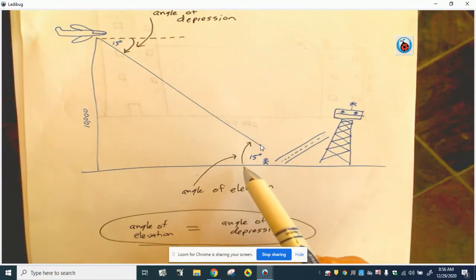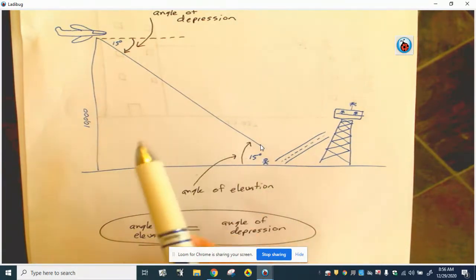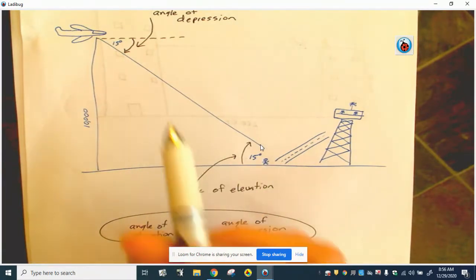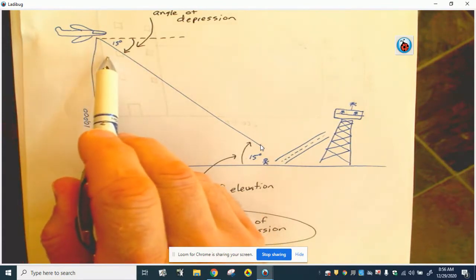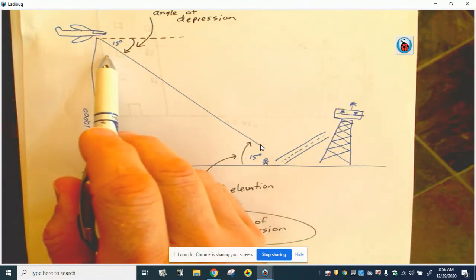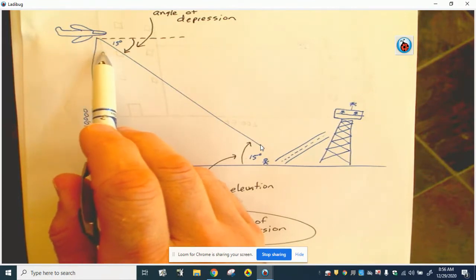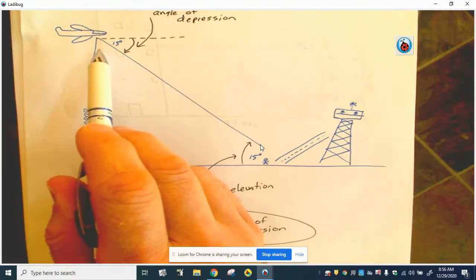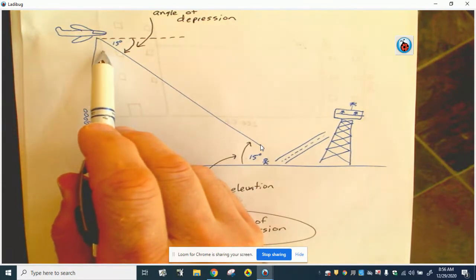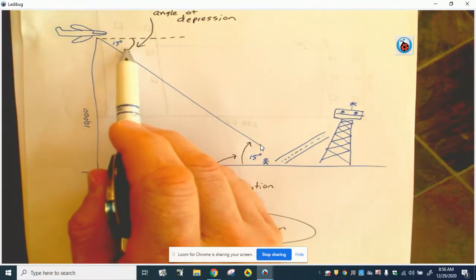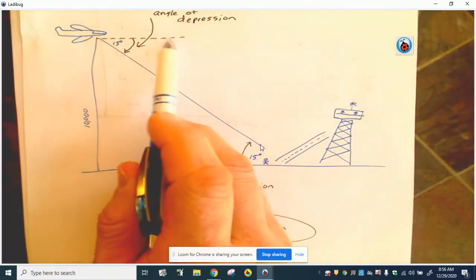The most common mistake people make doing these drawings is when they read angle of depression, they put the angle here. This is not going to be your angle of depression. Your angle of depression has always got to be from a parallel line to the ground.